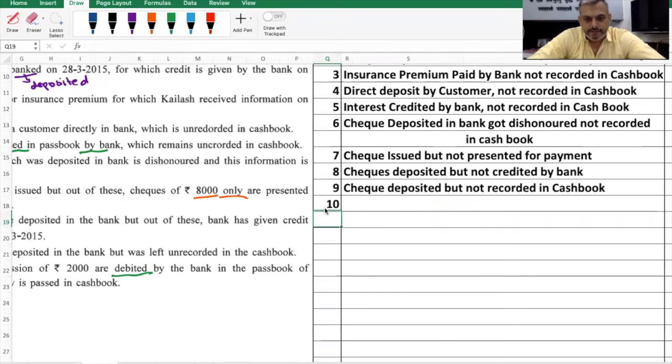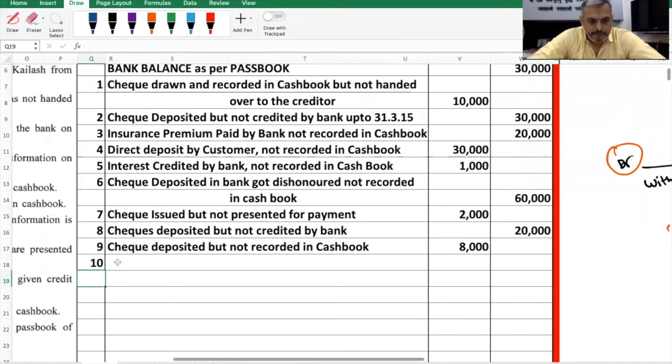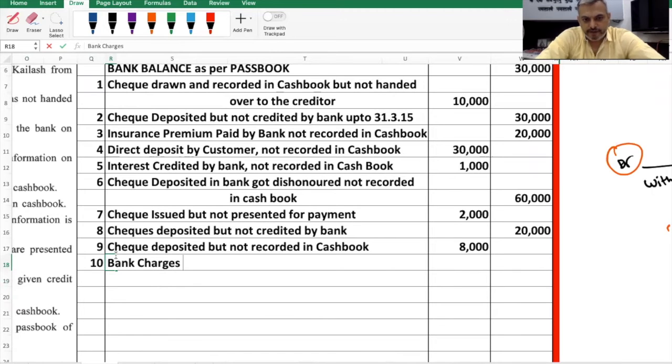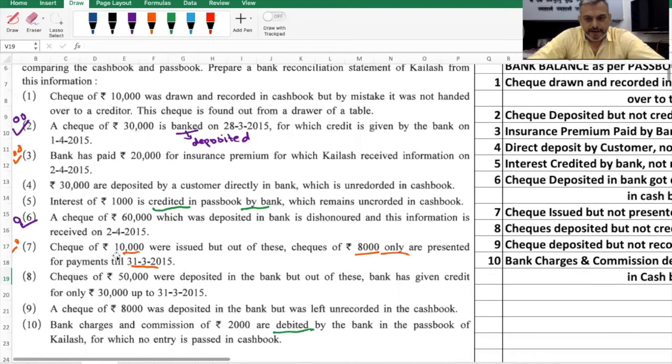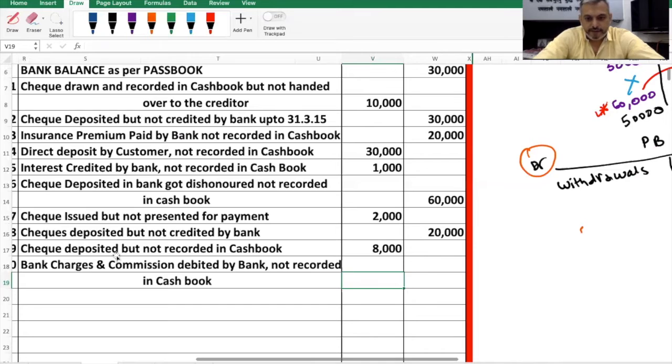So 10, bank charges and commission debited by bank, not recorded in cash book. Bank has debited, we should credit.